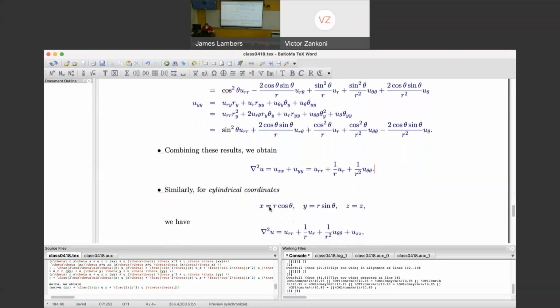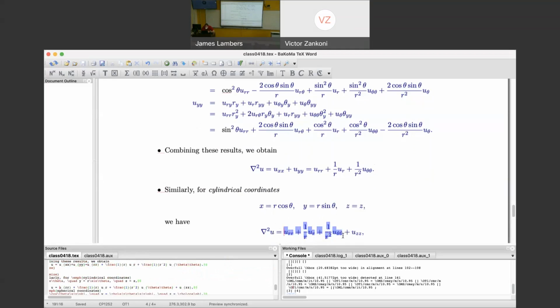For cylindrical coordinates, which is just polar coordinates along with z, Laplacian is u_xx plus u_yy plus u_zz. So here we have the same polar Laplacian as before, and we just add on u_zz. So it's not very interesting. At least it's easy to get once you've done polar.